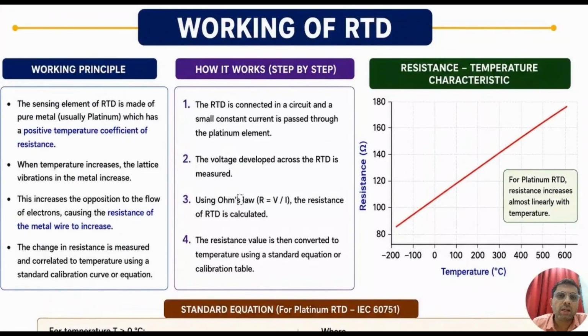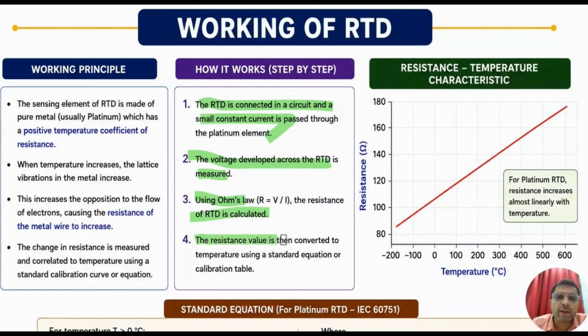Now, how does it work? The RTD is connected in the circuit, and a small constant current is passed through the platinum element. The voltage developed across the RTD is measured, and using Ohm's law, R equals V by I, the resistance of the RTD is calculated.